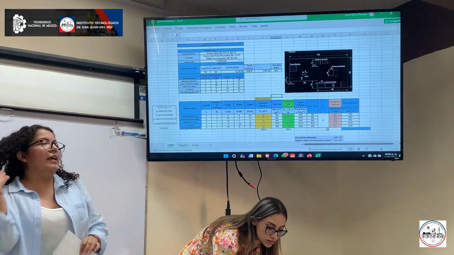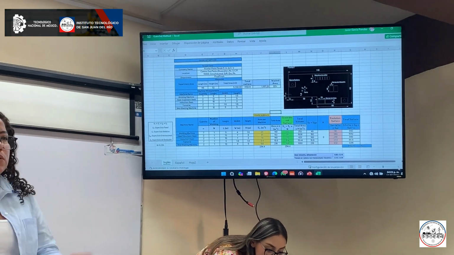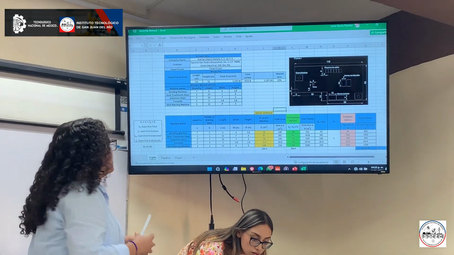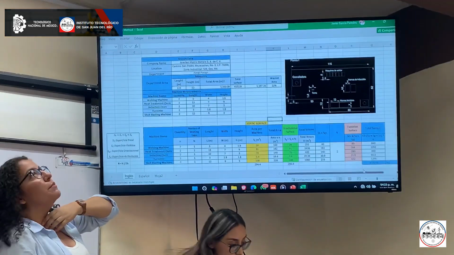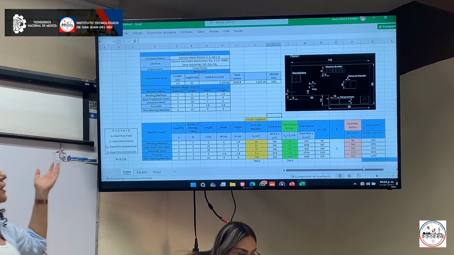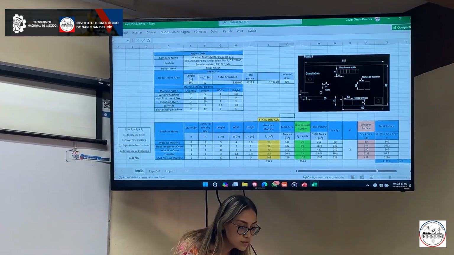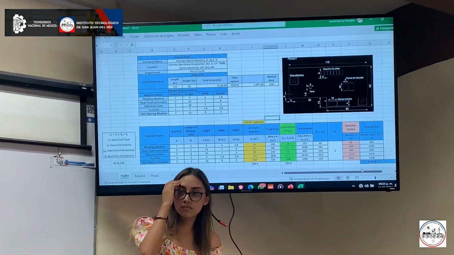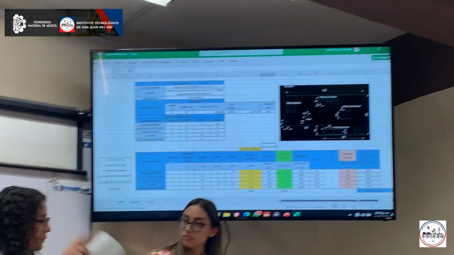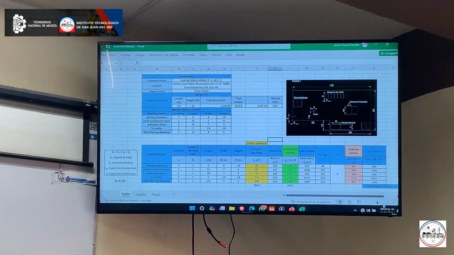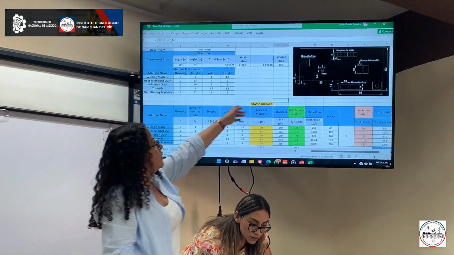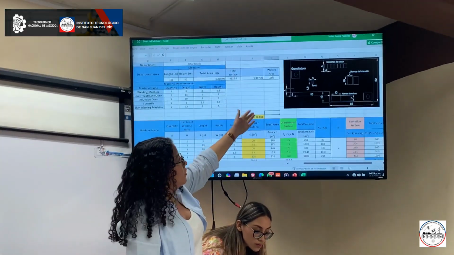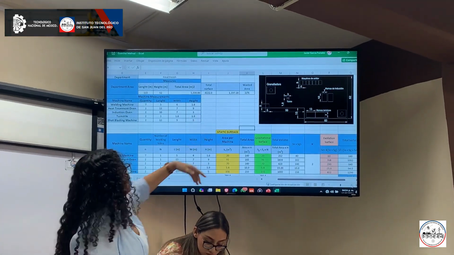So to apply the Guerchet method, we need to know a few data: the company name, Acernar; the location, Camino San Pedro, Guadalajara; the department, which is the final finish department; and this is the current layout. As you can see, those are the dimensions.